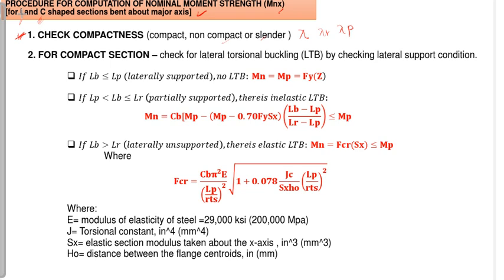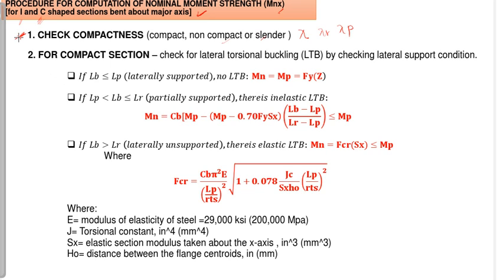So, pag slender yung nakuha natin, remember, we don't want to have a section that is slender. So, pag kaganyan yung section natin, we have to improve or we have to replace our section such that yung ating compactness would not result to a slender section. Kasi ayaw natin ng slender. So, kailangan nating improve yung ating section pag nagkaroon tayo ng slender element.